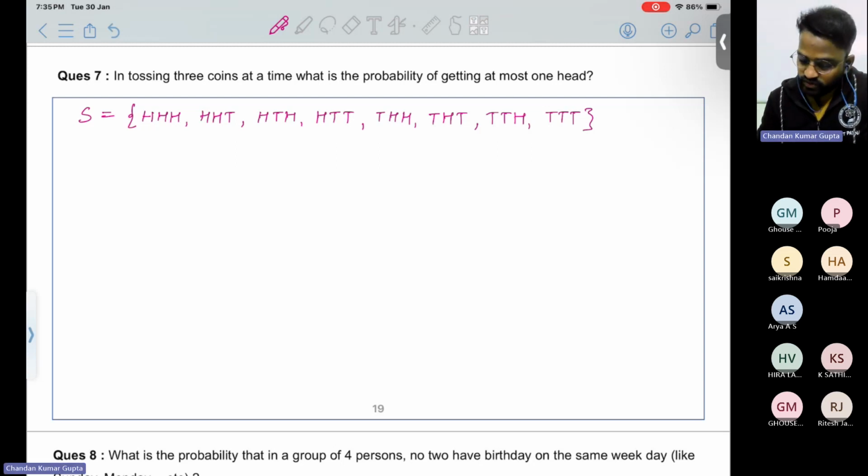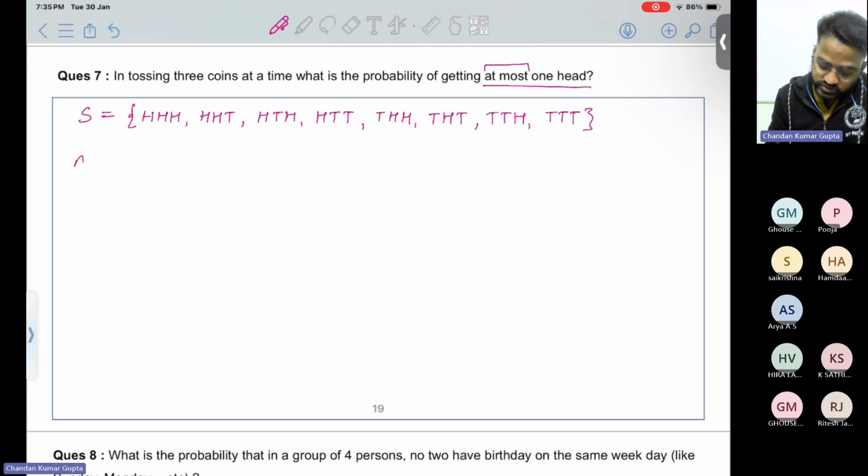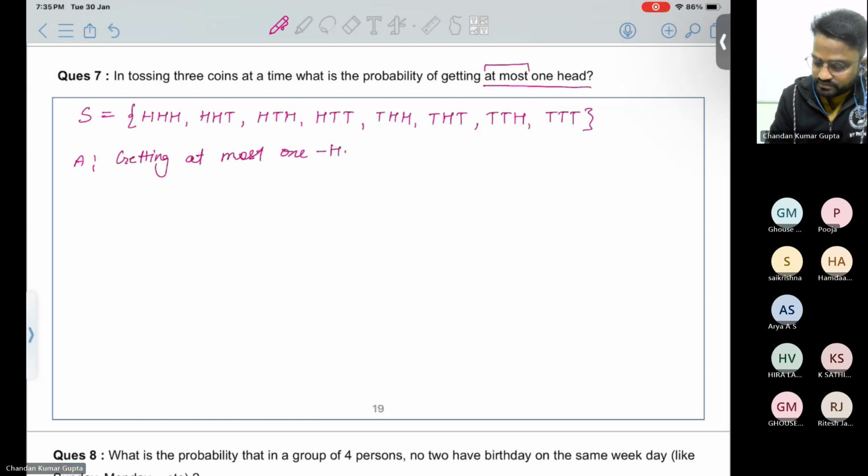Okay, now the question is, what is the probability of getting at most one head? You should focus on at most and at least. So at most one head means, suppose A is an event defined as getting at most one head.